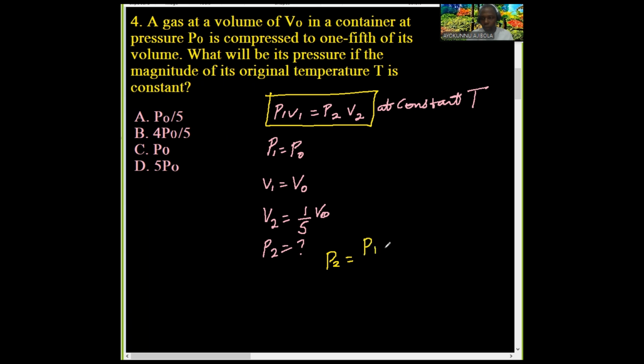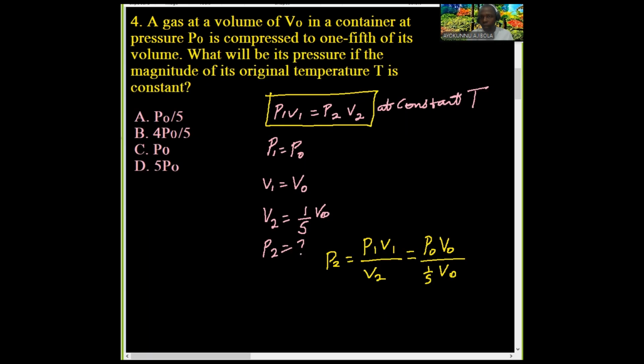P1 V1 over V2. Okay, is that clear? So then P1 is P naught, V1 is V naught, and V2 is one fifth of V naught.